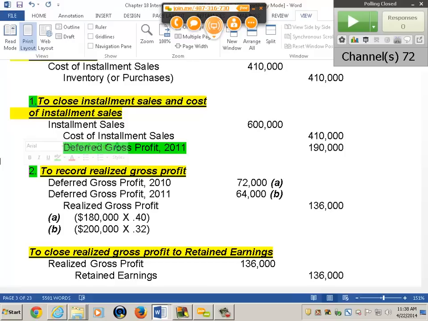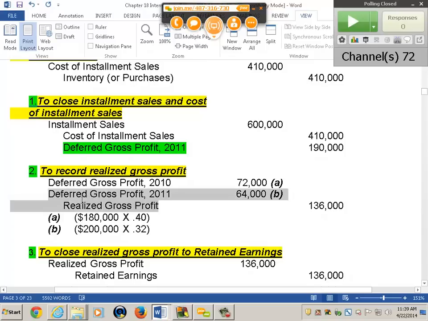And then, of course, you close out the 136 to retained earnings. So the only 2 entries, I should say, that are different, or that the closing must first close sales and COGS to deferred gross profit, and then you have to recognize the amount realized. You recognize the amount realized only to the extent that cash has been collected, which we've already gone through. Right, so we already went through this with you, with the calculation.